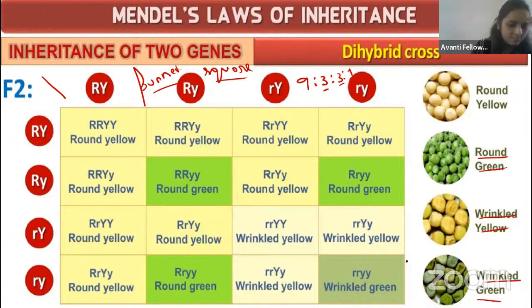Now you tell me, guys, by observing this, what you came to know? Either it is undergoing independent assortment or non-independent assortment. Tell me, guys. Yes, very good. 2 genes are there. Whether 2 genes are assorting independently or together.